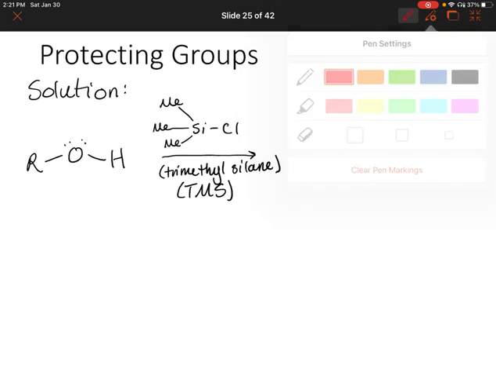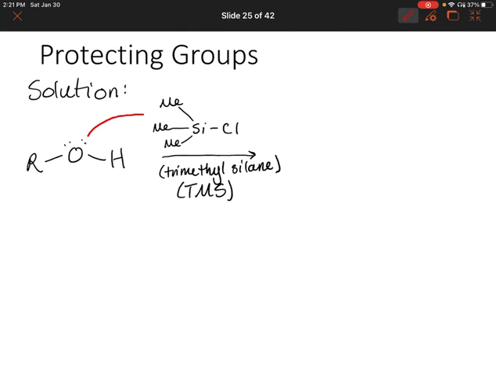All right, so what ends up happening is the oxygen on our alcohol performs backside attack, and that's going to cause the chlorine to leave. So this is an SN2 type reaction. Now, normally you might think, isn't that silicon atom kind of blocked by those methyl groups? Isn't that pretty bulky?